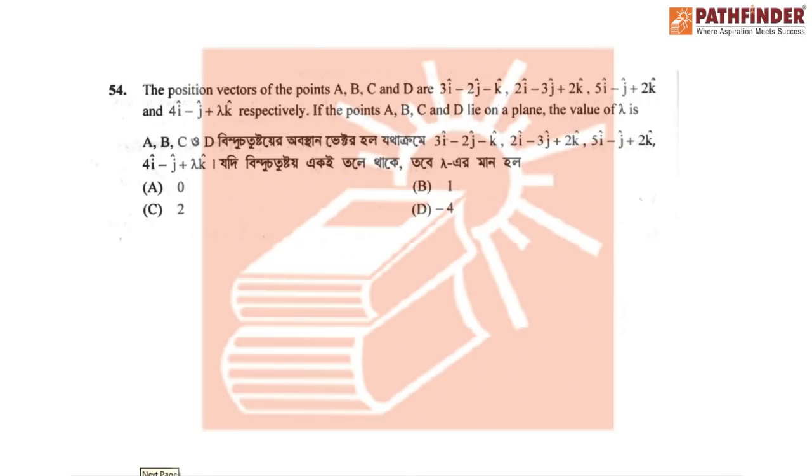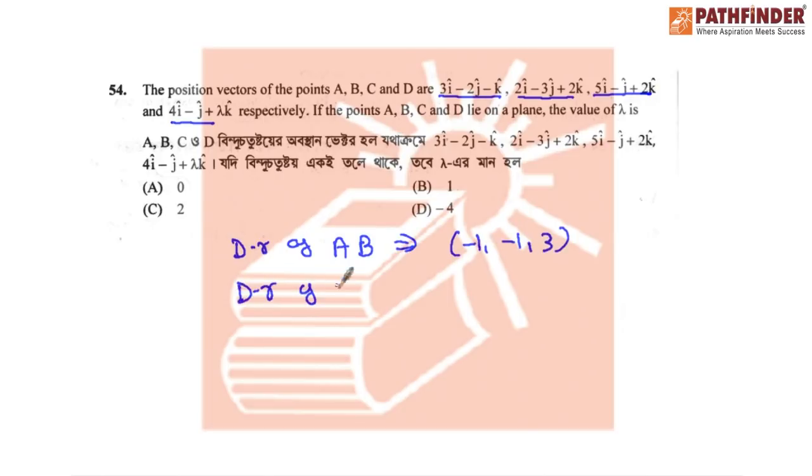Question number 54. The position vectors of A, B, C, D are given. This is A, this is B, this is C, this is D. They lie in a plane. So direction ratio of AB is minus 1, 3. Direction ratio of AC is 2, 1, 3.